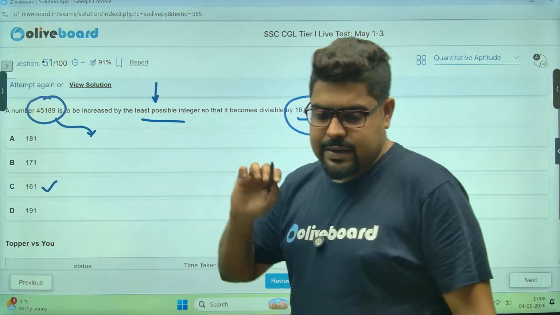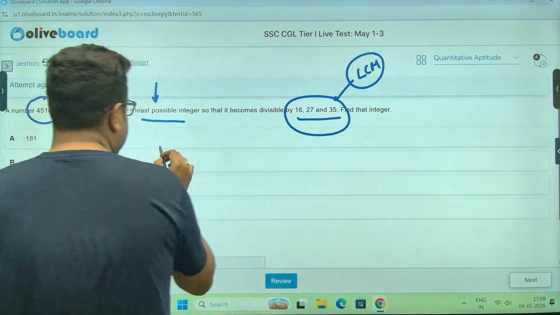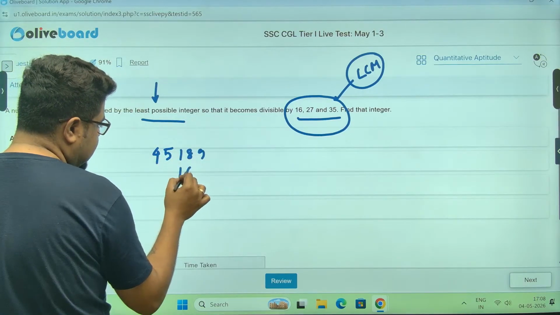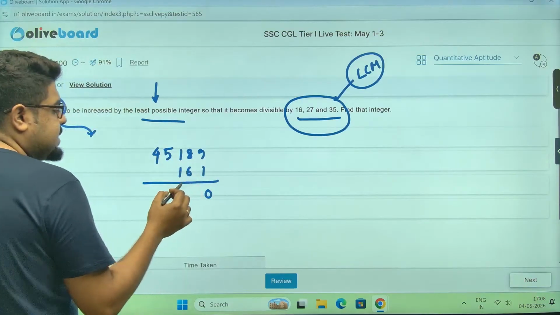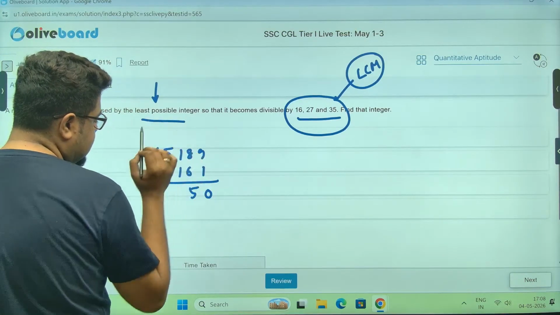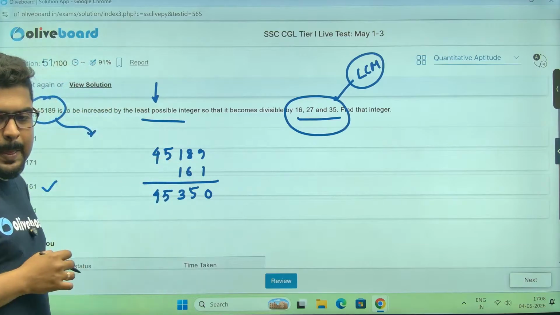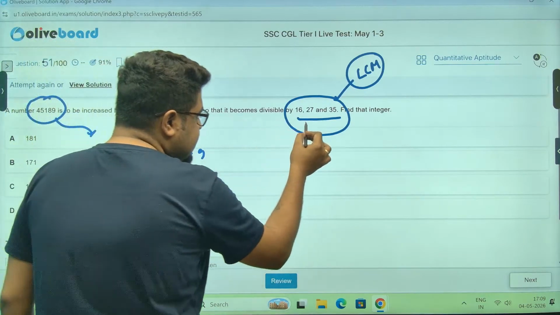I'll start from here. If I add 161 to 45189, my number will be 45350. Now I'll check whether this is divisible by 16.